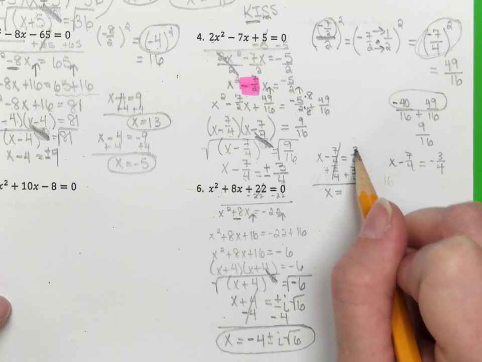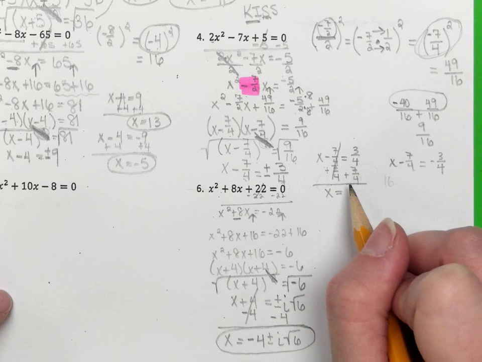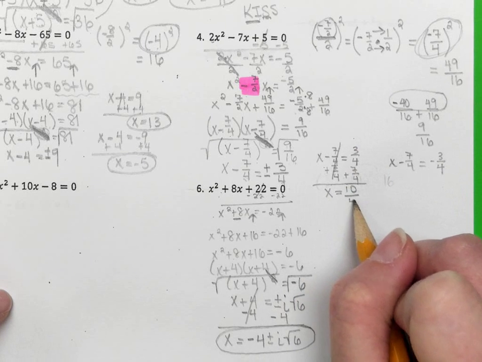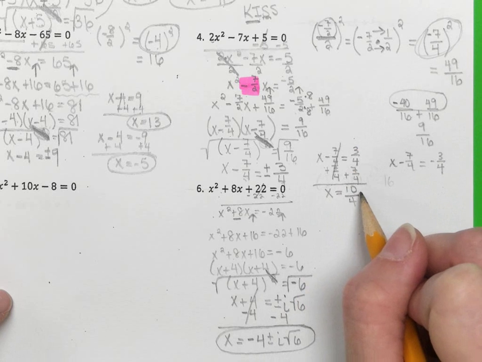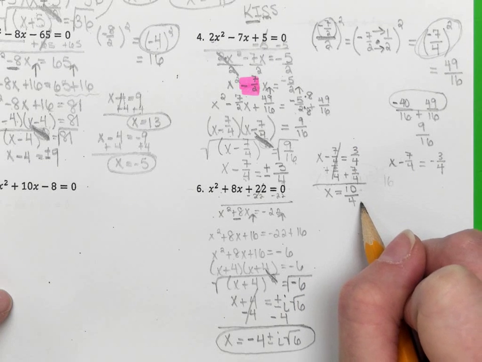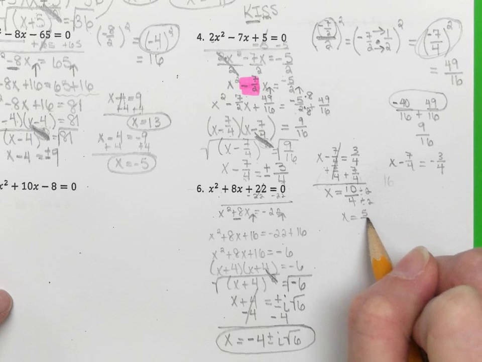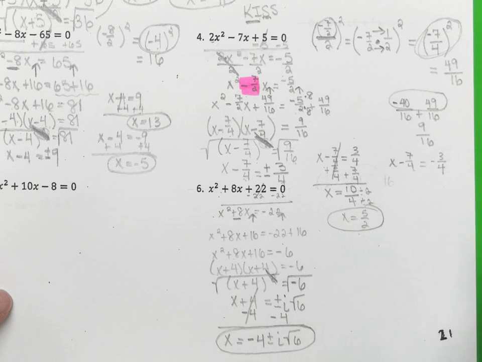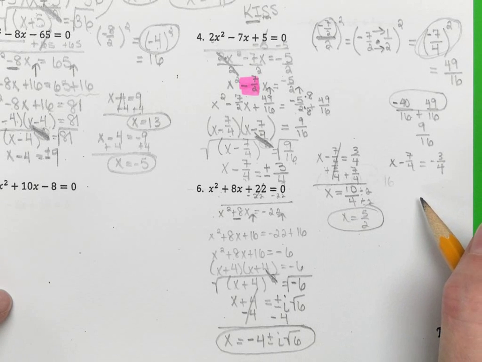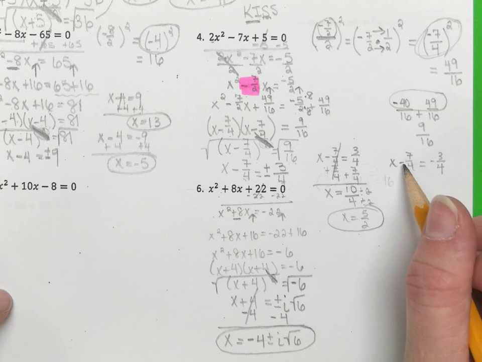All right. What's 3 plus 7? 10 over 4. And that can be reduced by what number? 2. Which is 5 over 2. All right, that's it. How do I move this to the other side?